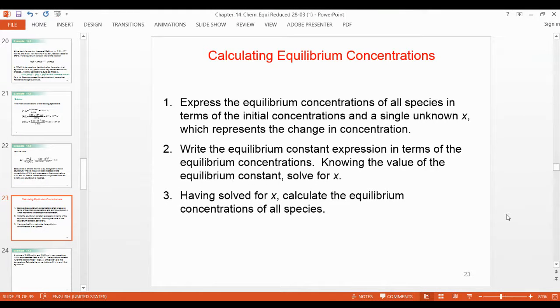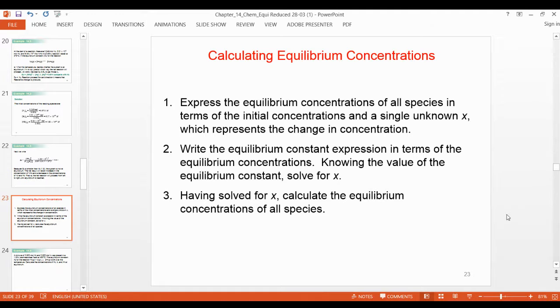Now, the main part of this chapter is how to determine the equilibrium concentration. At equilibrium, how to determine that, because the reactant changes to product, and I don't know exactly how much reactant changes to product.